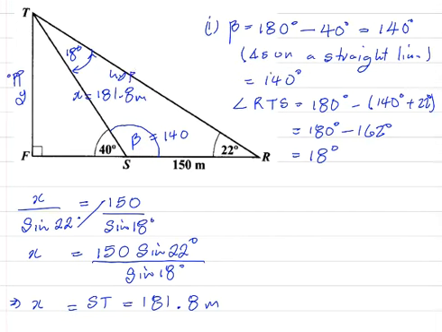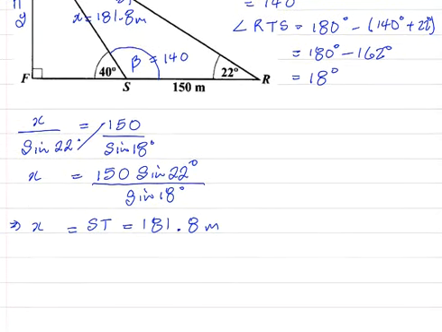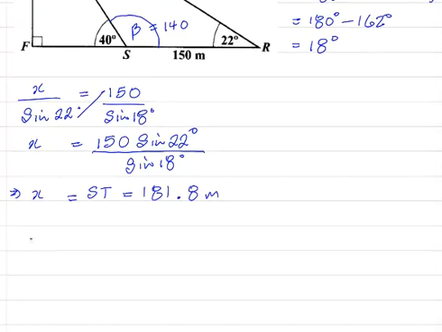The trig ratio that includes opposite and hypotenuse is sine. So I'm going to say that the sine of 40 degrees is equal to opposite FT, which is Y, over the hypotenuse, which is 181.8.